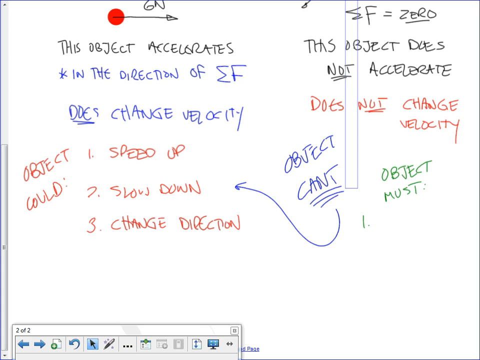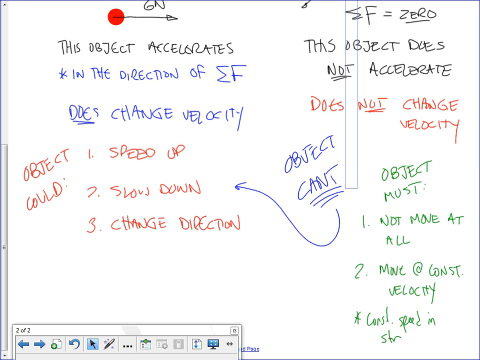Either not move at all, or two, if it is moving, move at a constant velocity. And what does that mean? That means move at a constant speed in a straight line.